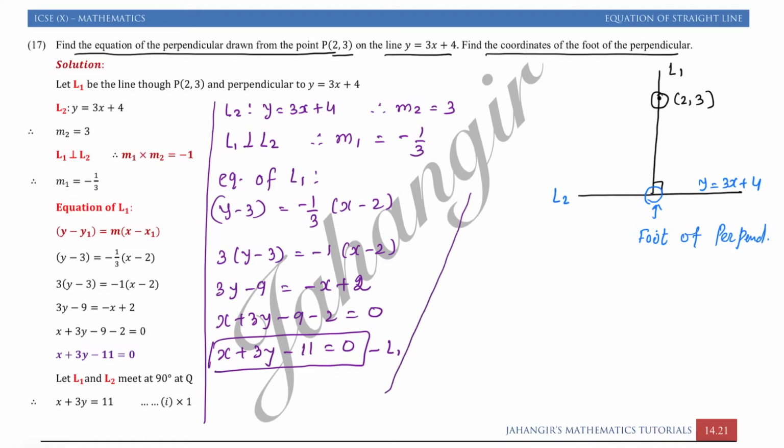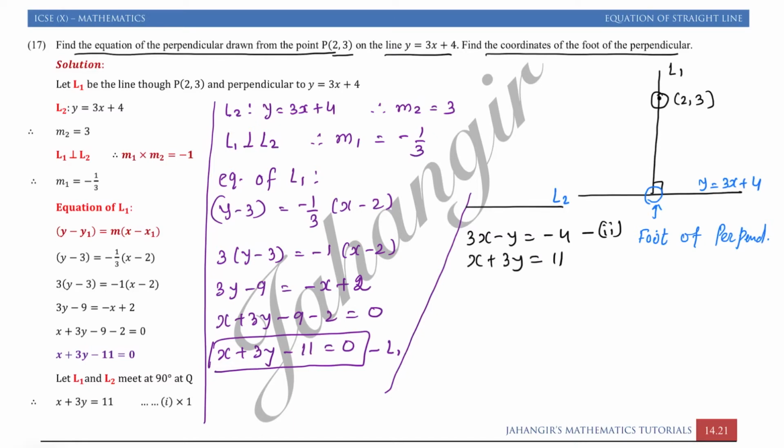Now L1 and L2 meet each other at 90 degrees at Q. So we can solve it simultaneously. The first equation we can write as 3x minus y is equal to minus 4. This is the second equation, and the first equation is x plus 3y is equal to 11.